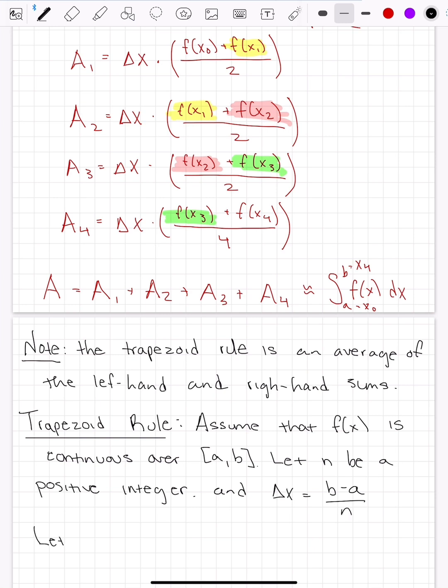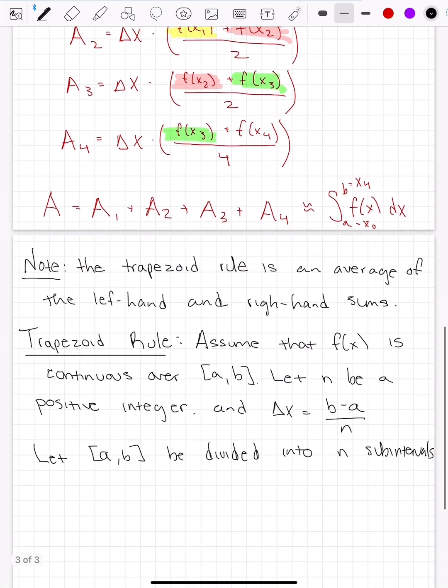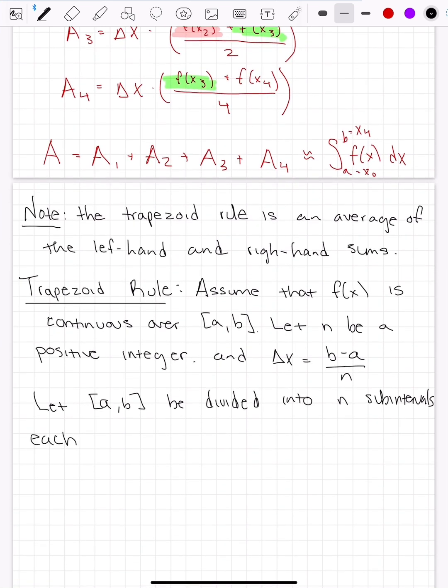And then we're going to let a comma b be divided into n sub-intervals, each of length change in x with endpoints, right, we start at x0, x1, x2, so on, all the way until the very last one.